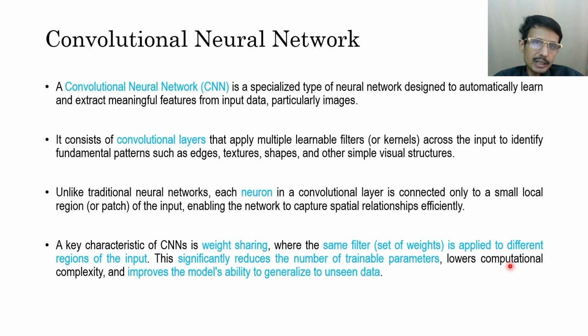In convolutional neural network, we try to understand that this kind of network is used for particularly few purposes. In other words, we can say that a CNN or convolutional neural network is a specialized type of neural network.